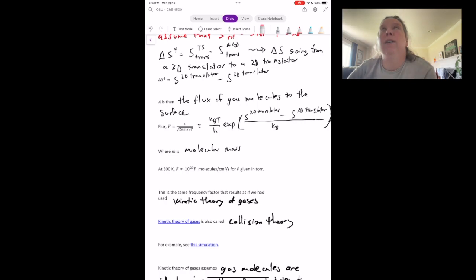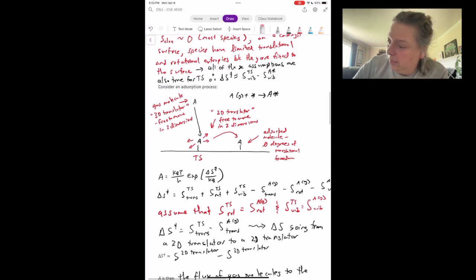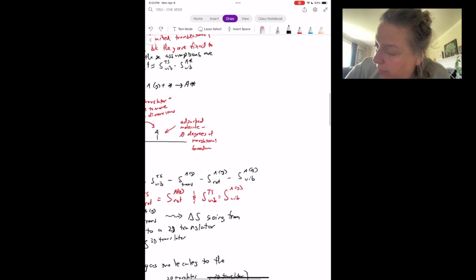So we would take the rate constant times, if we're looking at this reaction here, we're going to write the rate of this reaction. So we would say R_A star, for example, is going to be equal to the rate constant times the pressure of A, or the concentration of A, times the free site coverage.